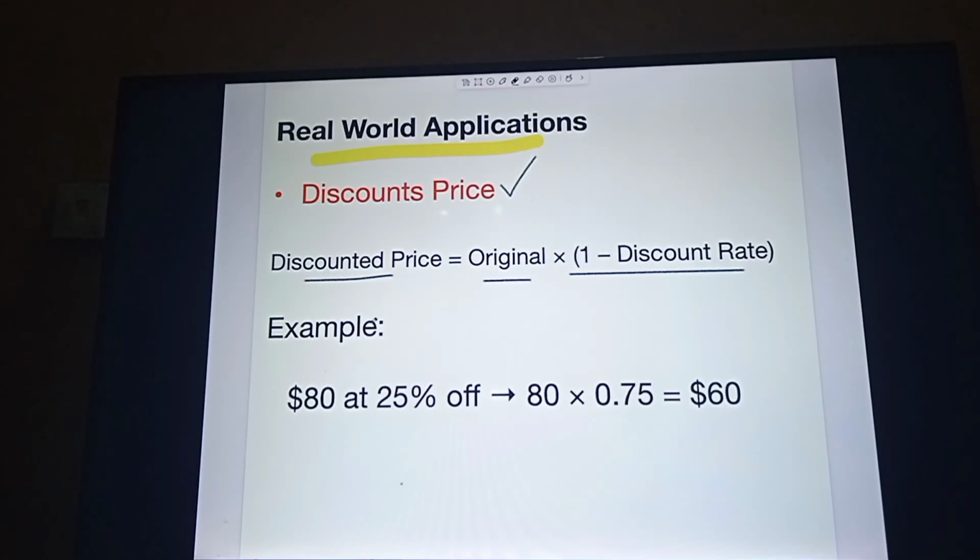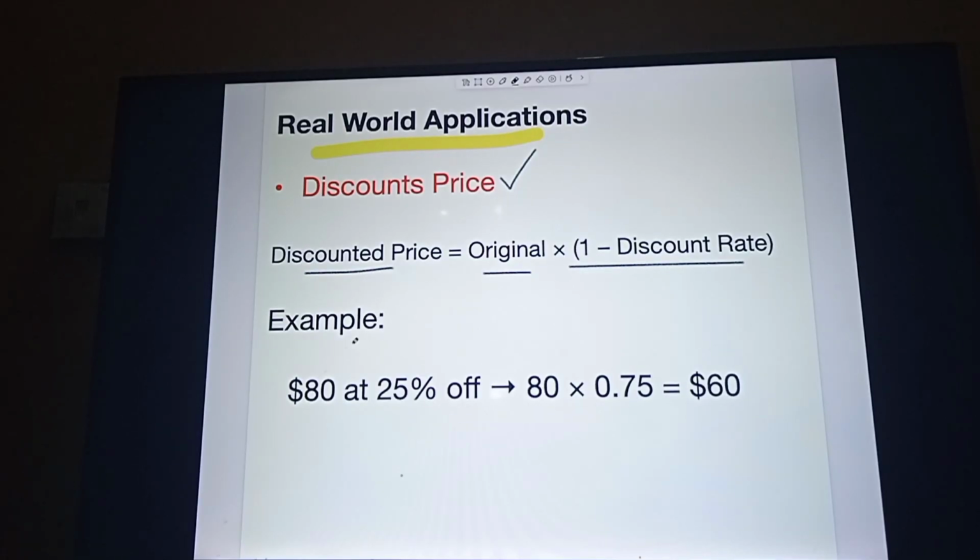For example, $80 at 25% off, meaning that an item price is $80 and there is a discount of 25% on it.